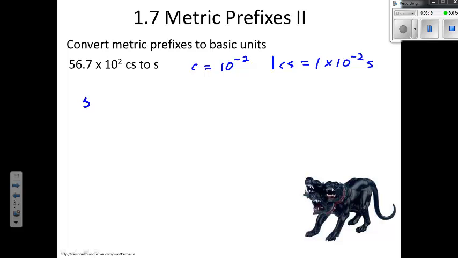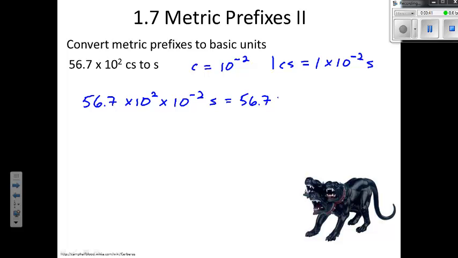So we already have a power of 10 here: 56.7 times 10 to the second. And then centi is 10 to the minus 2, so we can replace centi by 10 to the minus 2, and now we have seconds. So now we have to do some addition of exponents.